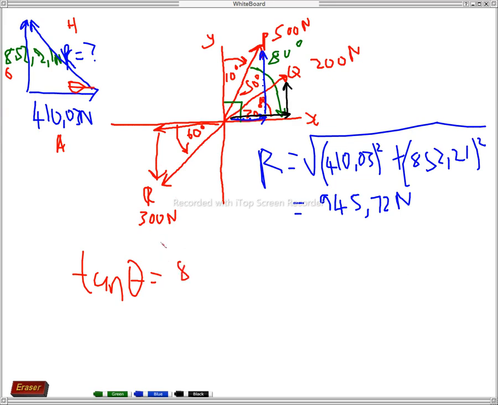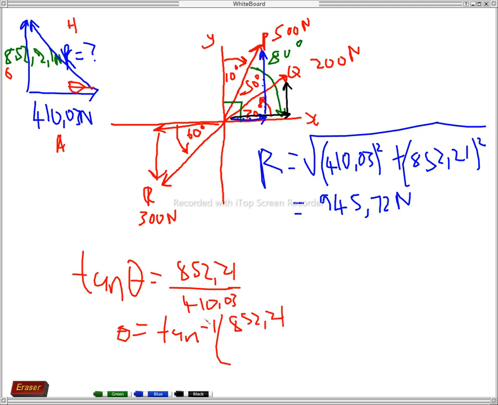Opposite is 852.21 over the adjacent, which is 410.03. And you can just do the inverse of tan there. So it is the inverse tan of 852.21 over 410.03, and then you just punch it on your calculator.